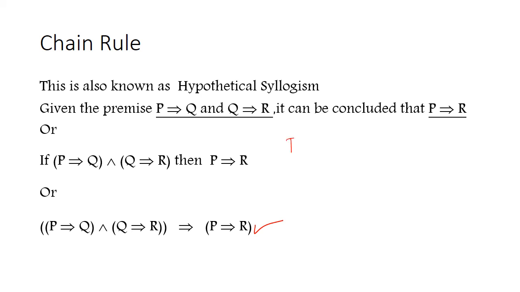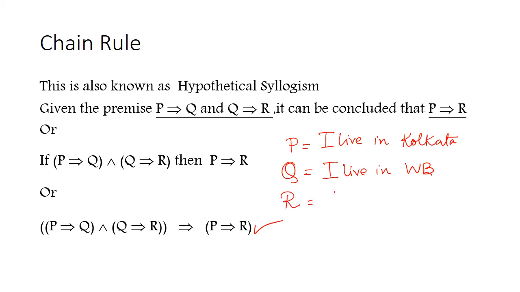So suppose we take P as I live in Kolkata, and Q is I live in West Bengal, and R means I live in India.